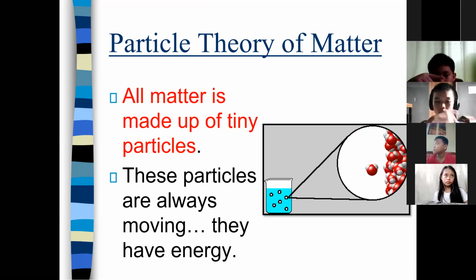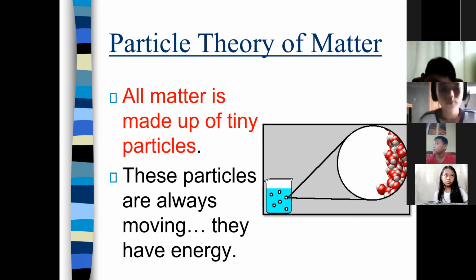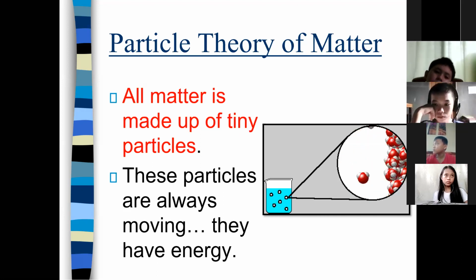This is an example of fluid particles. The fluid particles simply slide past each other. It's like imagining a liquid or water that you pour, the particles there simply slide with each other.